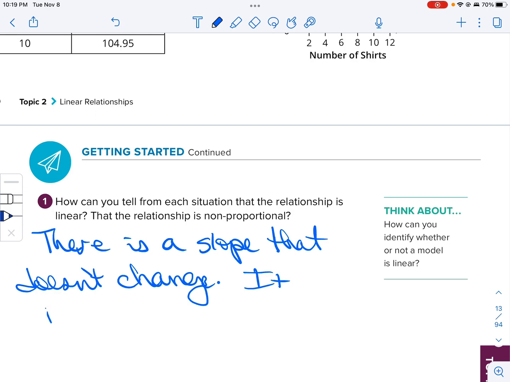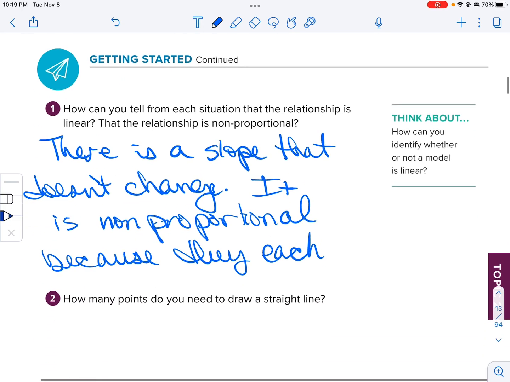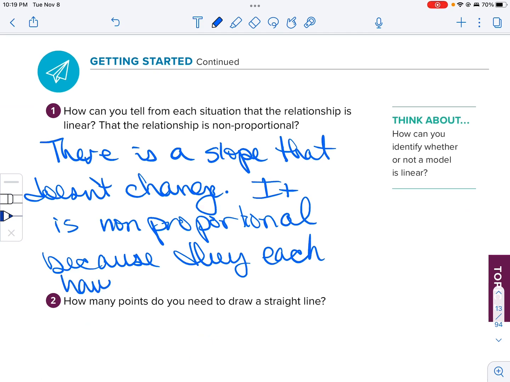It is non-proportional because they each have a setup fee.